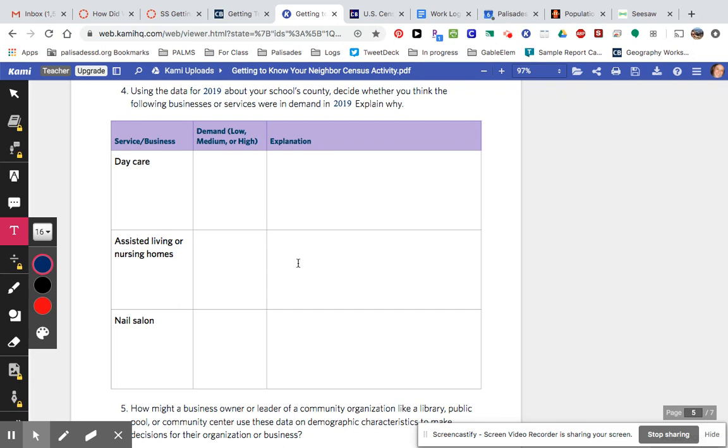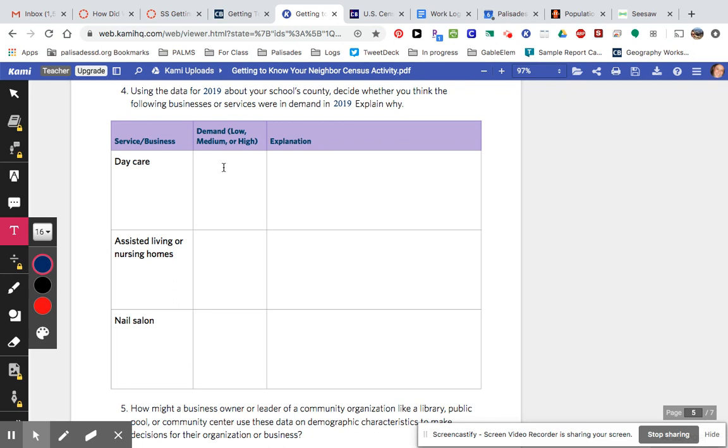Using the data from Midland County, we saw that the number of children under age 5 didn't really go up that much. So if I was a daycare provider, would the demand for my business be low, medium, or high? I guess, medium. The numbers went up just a little bit, but not so much that we need this influx of daycare providers.